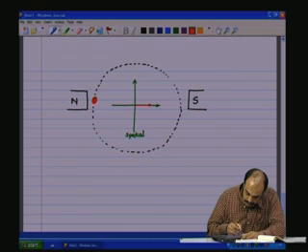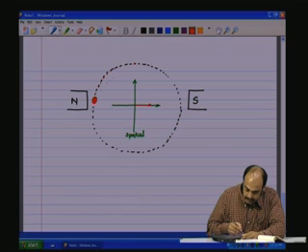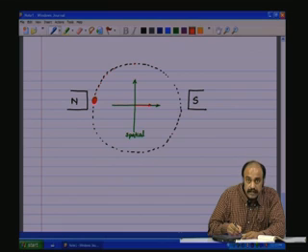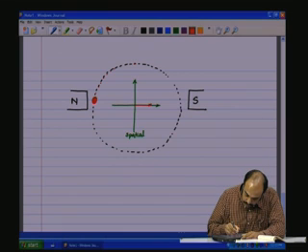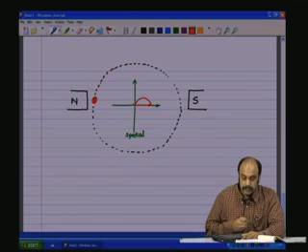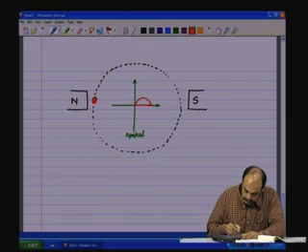and the conductor starts rotating from here to this point. The flux at these points is gradually decreasing until it becomes 0 here. So, you have the flux which reduces and becomes 0 at this point.